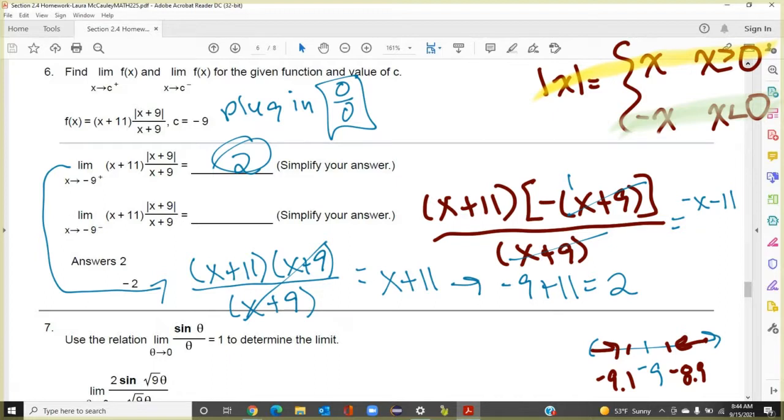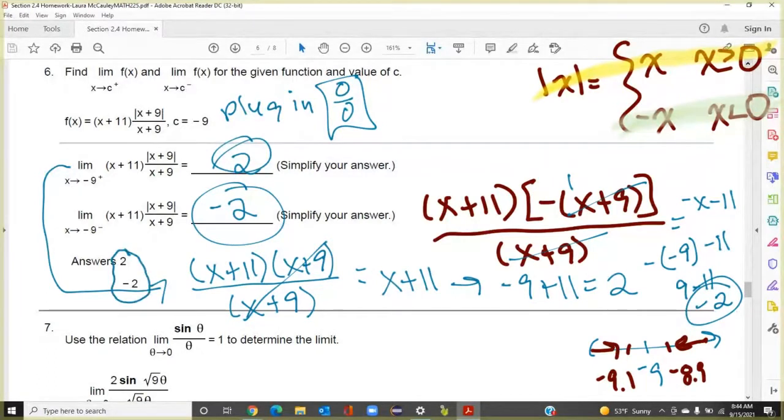If that gets distributed through, that's a -1 there. So when I plug a -9 into that, it's positive 9 minus 11, which is -2. So coming in from the right-hand side, we're going to get a 2. Coming in from the left-hand side, we're going to get a -2.